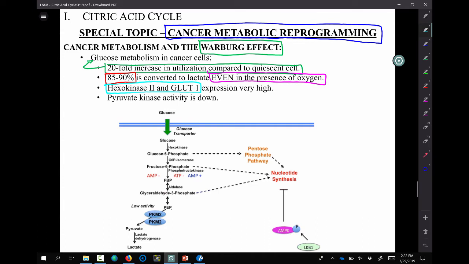Glucose gets into these cells. Now, on this figure here, we're talking about this step right here. The other aspect of all of this is that hexokinase 2 can be inhibited by glucose 6-phosphate. However, these cells will have a high level of AMP because anabolic processes are so ramped up, so they'll have lots of AMP.